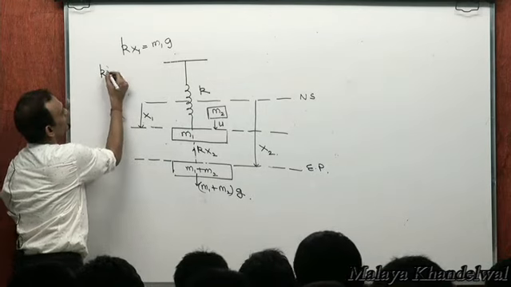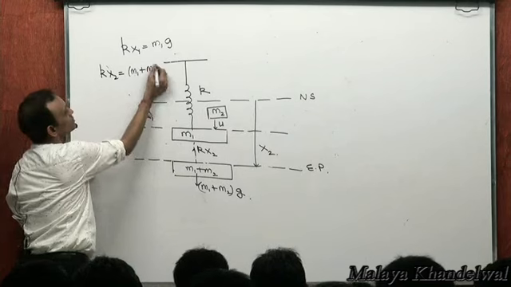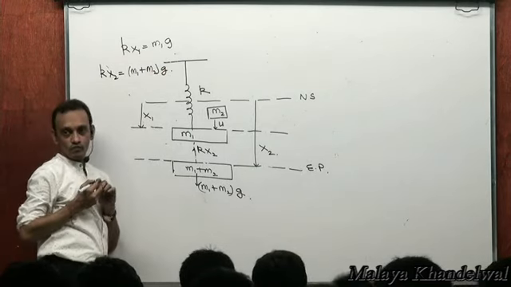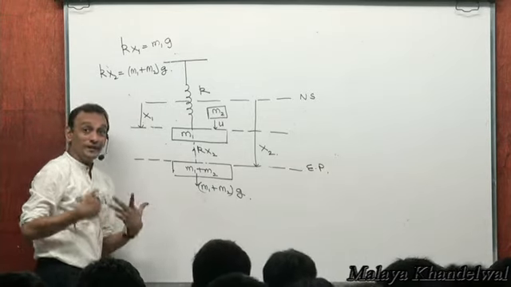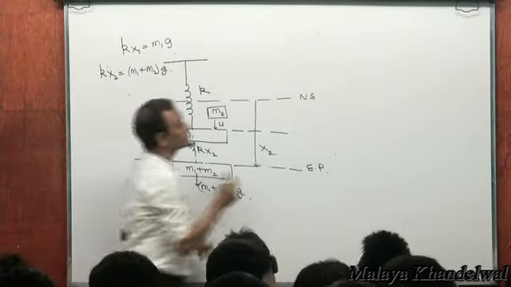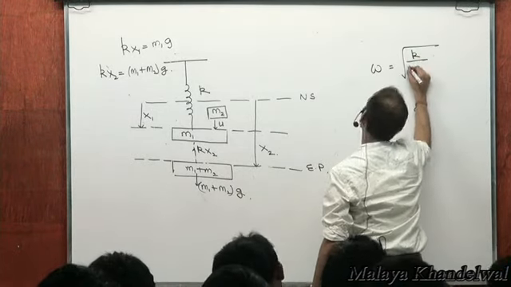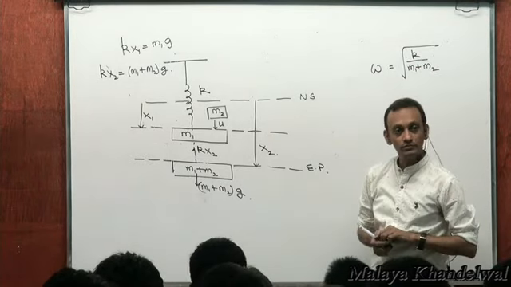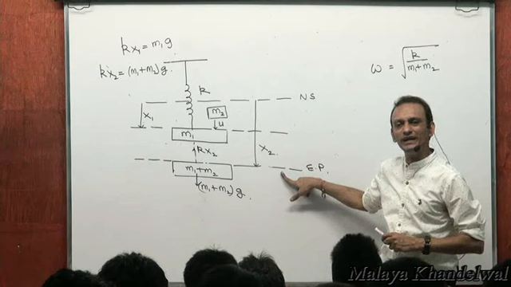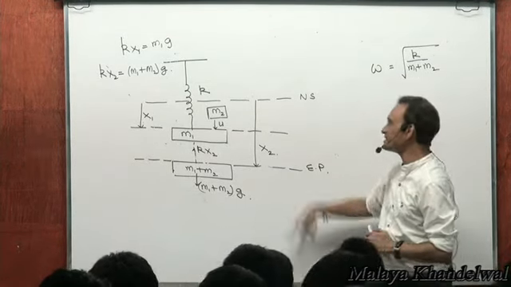So kx2 is m1 plus m2 into g, the equilibrium position for this oscillator. What would be the omega of oscillation? Root k divided by m1 plus m2. This is the simplest thing to deal with, right? This is the new equilibrium position for the combo m1 plus m2, which is executing simple harmonic motion.